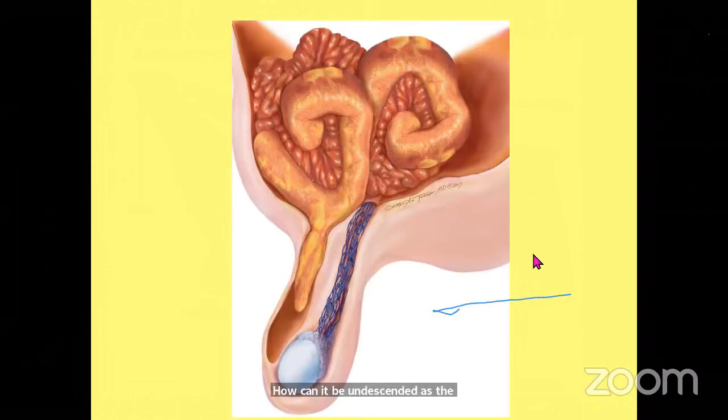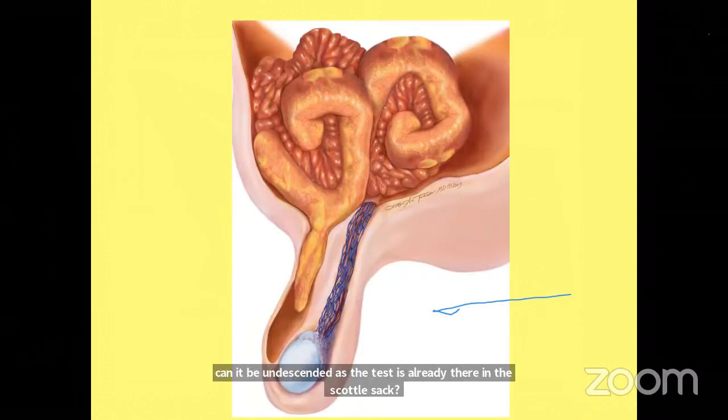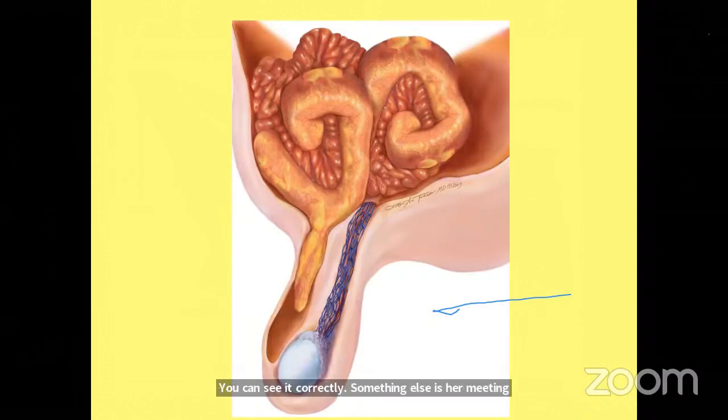The testis is already there in the scrotal sac. You can see it correctly. Something else is herniating. What is this, a finger-like thing? What can it be? A finger-like protrusion.